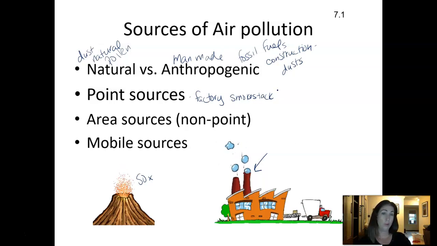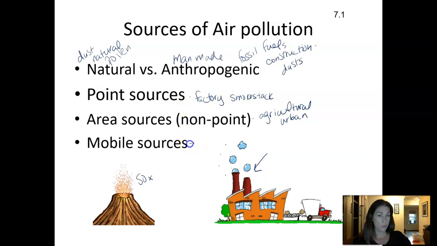Now, a little bit more difficult are area sources or non-point. This might be from, say, an agricultural area or from a collective urban area, so you don't have one key source. The one thing that's very unique about air pollution is you can have mobile sources, and those are sources of pollution that move around, like cars.